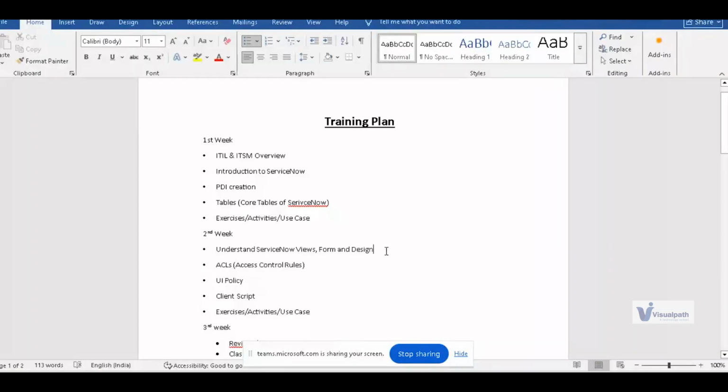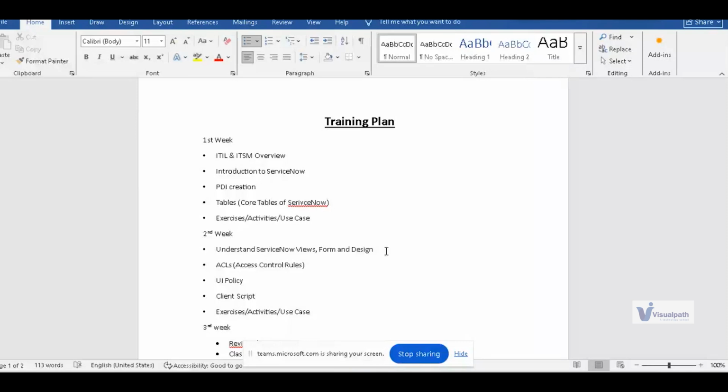In the second week, we will be understanding the ServiceNow views, forms, and design, which are the very basic things on which admins mostly work. And then there is a concept called ACL, which we will touch on the basics of in the second week, because it is a very deep concept.